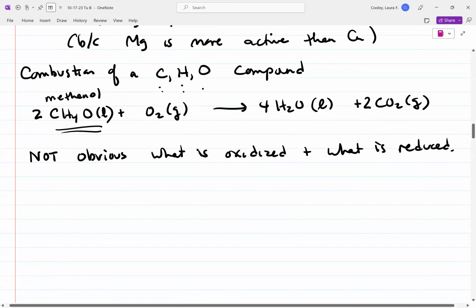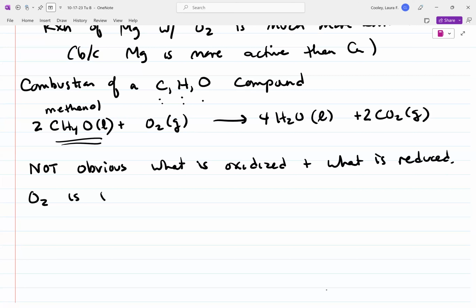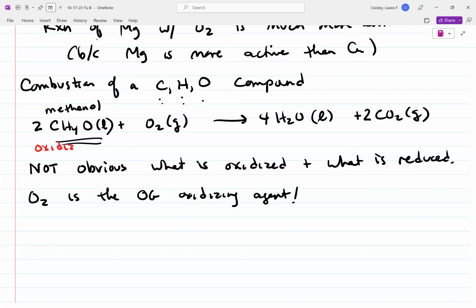What do you think is oxidized here? Remember, I told you that O2 is the original oxidizing agent. So that means that this thing must get oxidized, because I know O2 is the oxidizing agent, and the oxidizing agent gets reduced.